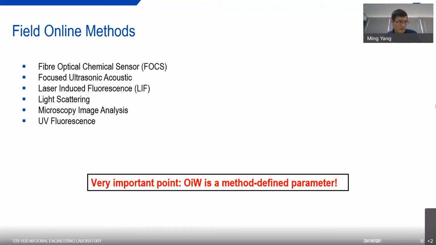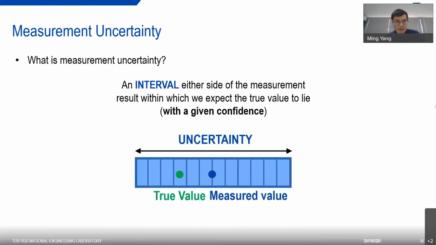Okay, so for the next few slides, I'm going to touch on an important concept, that is measurement uncertainty. I think it's relevant to us, certainly in terms of compliance monitoring and also in terms of accepting alternative methods for discharge reporting. Now, what is measurement uncertainty? When we do a measurement, any measurement, temperature, pressure, length, oil in water, you get a value.